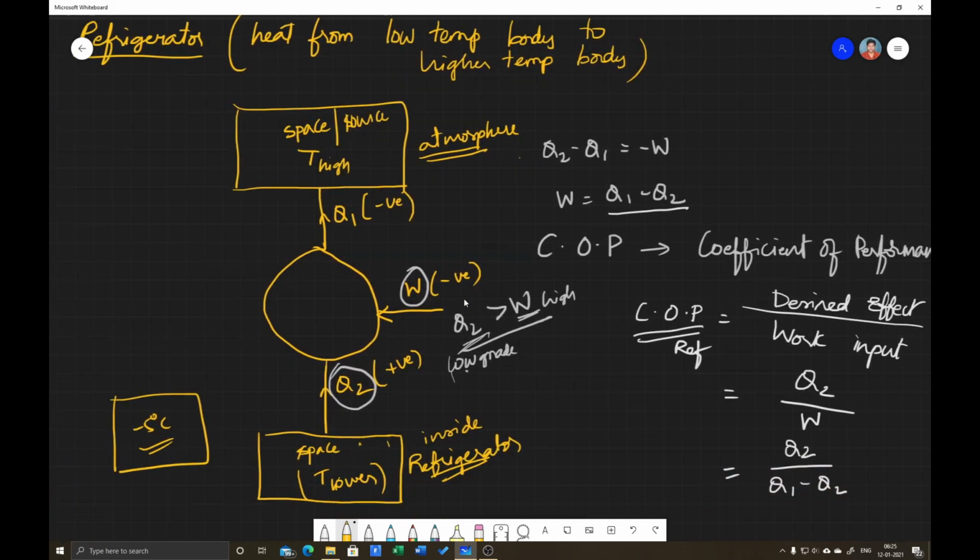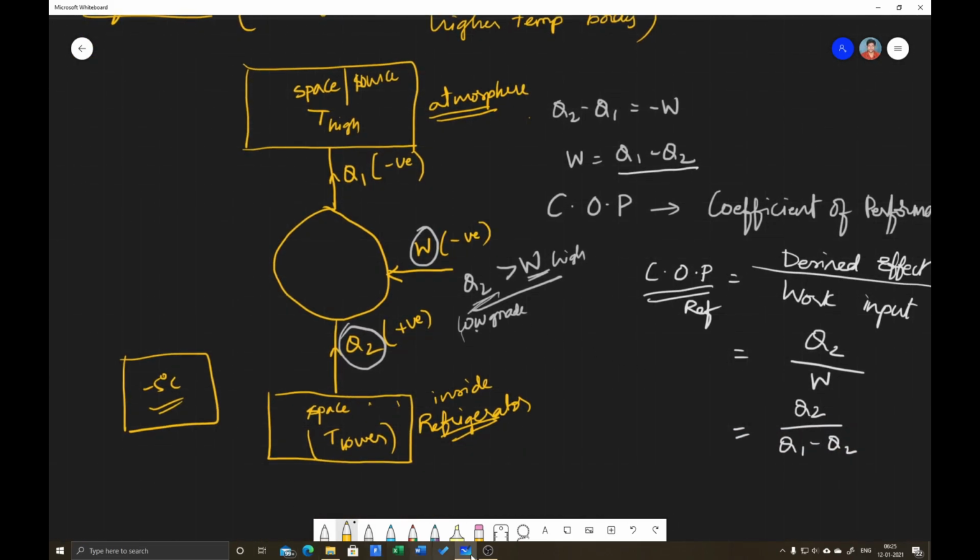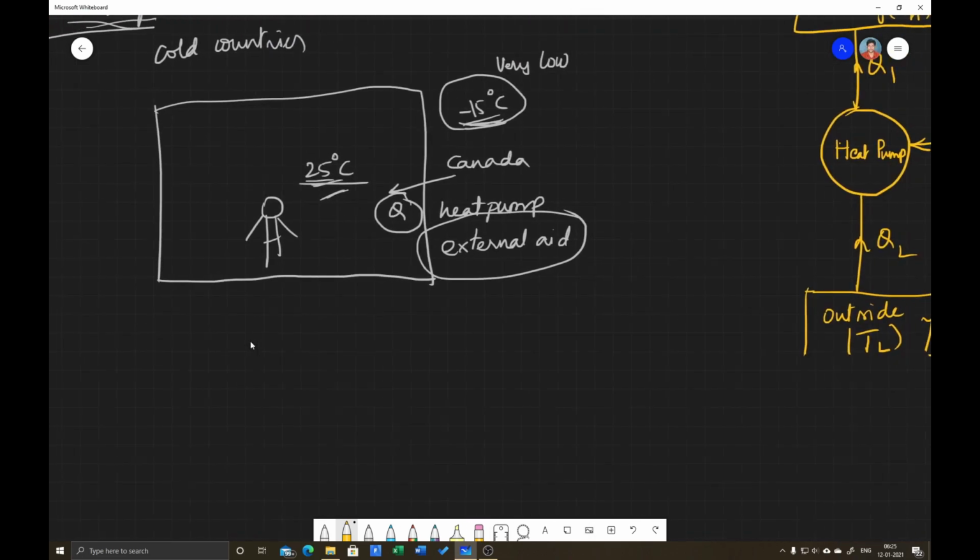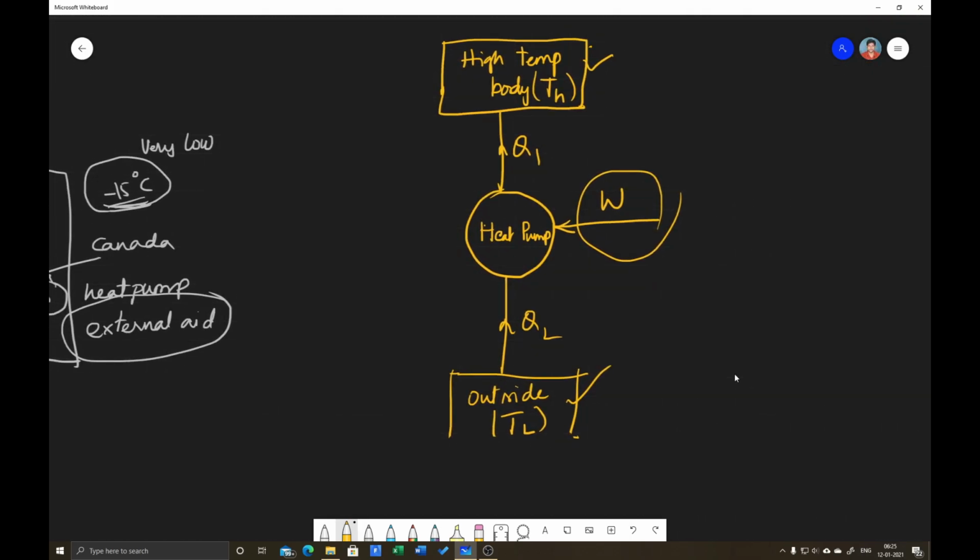Even in a refrigerator, because the higher temperature is outside, you can open this like this, so it is the atmosphere, and this is the refrigerated space, which is a refrigerator. Here in the heat pump, outside is the cold body, and inside is the house we have to heat. This is a closed body.